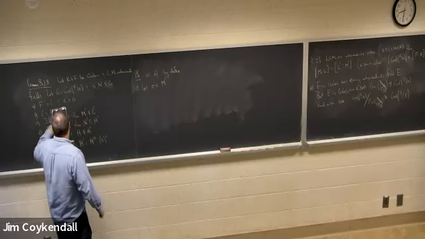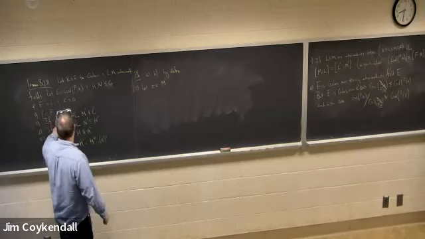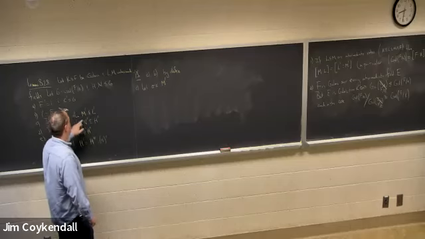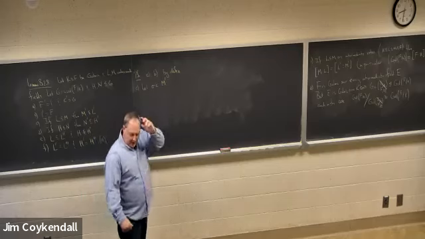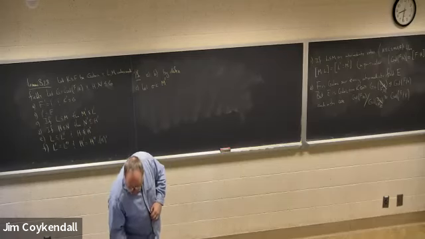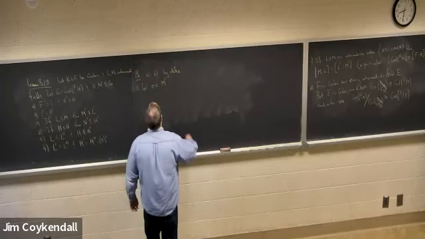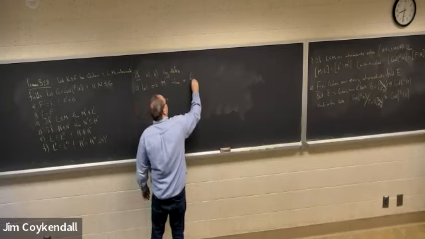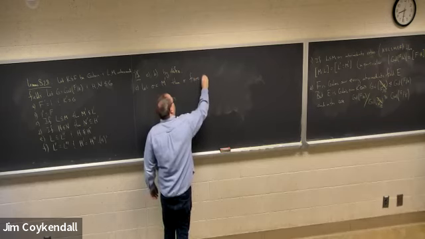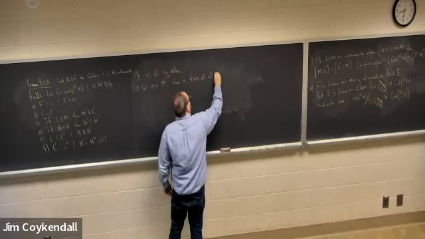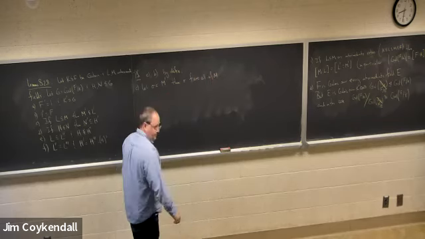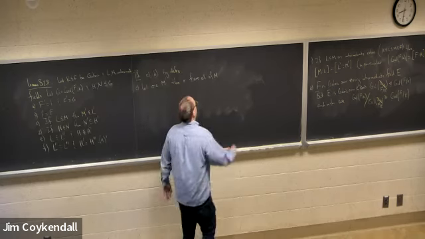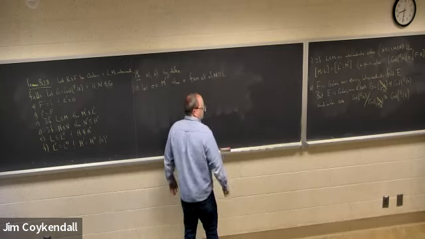Okay, so let's see. I'm starting with fields here. I know that L is contained in M. We need to show that M prime is contained in L prime. Well, notice that sigma fixes all of M, because that's what it means to be in M prime. It fixes all of M, which contains L.